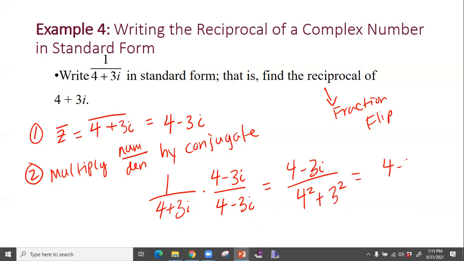So we end up with 4 minus 3i over 25, right? You do not keep it together. You actually separate. So your answer would be 4/25 minus 3/25 i.